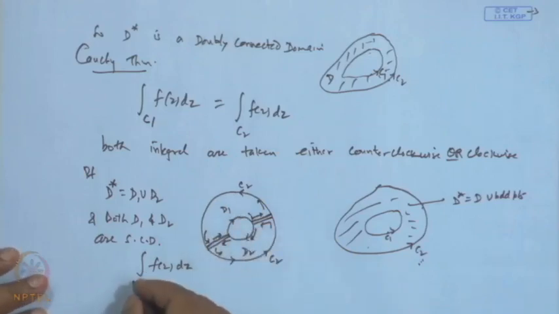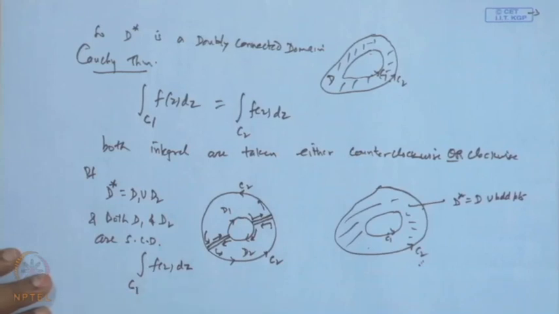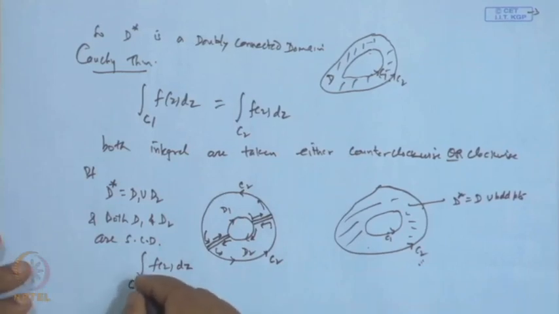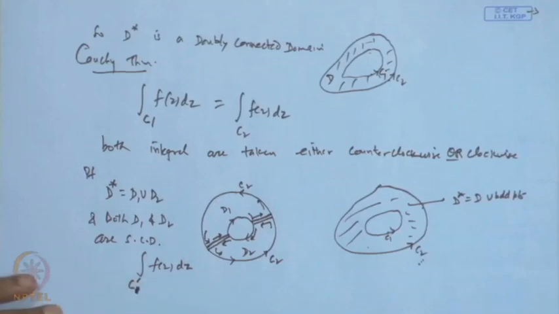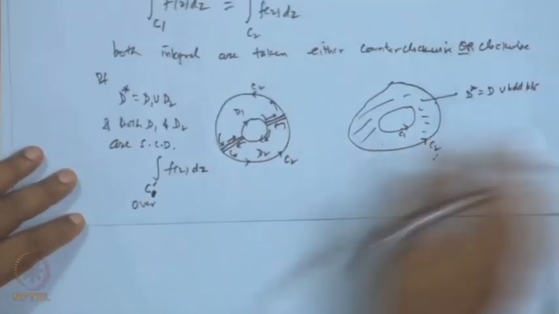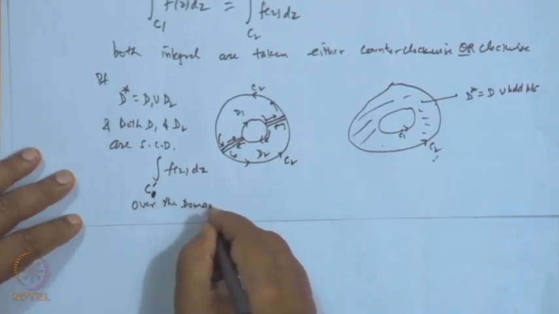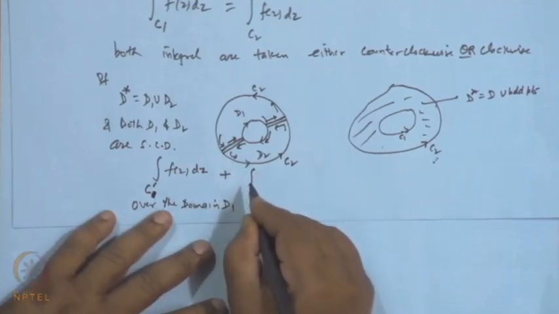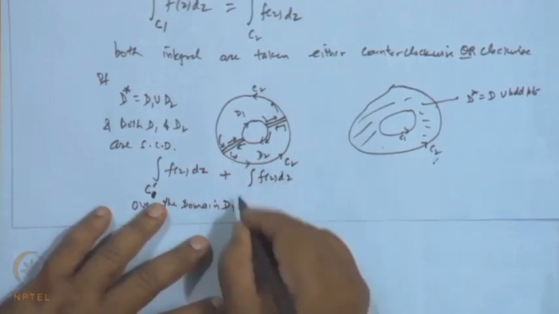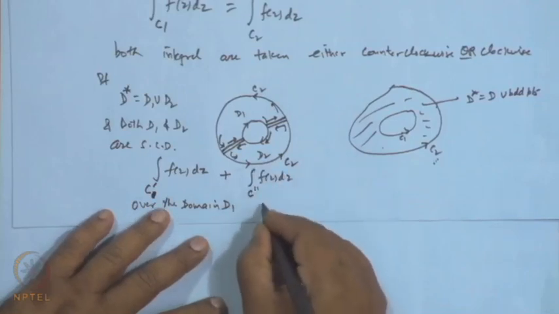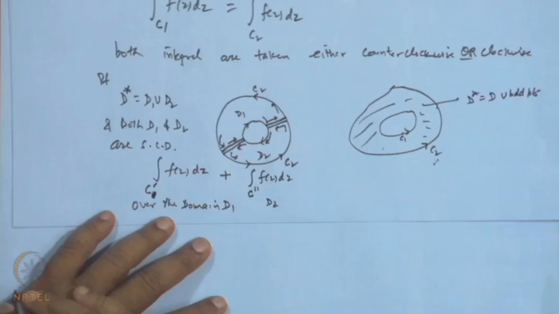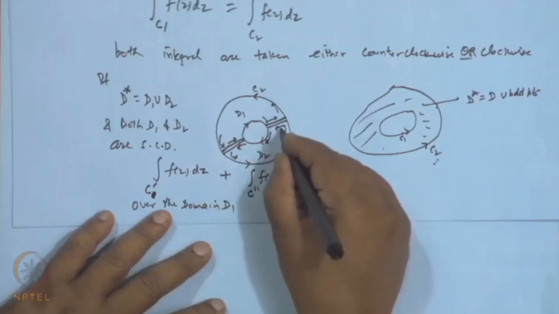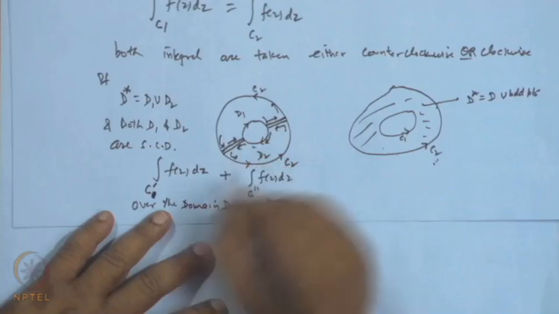Let us call this path C dash, over the domain D1, and then the integral of f(z) dz over the domain D2, where the boundary is this C2 plus this and going like this.